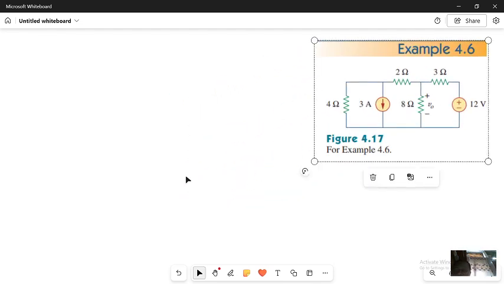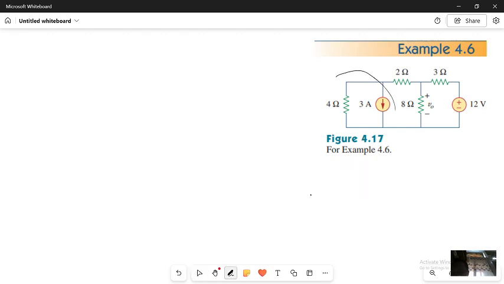Let's say, for example, here, if we realize, this one is a current source which is in parallel with a resistor, meaning that I can transform it to a voltage source which will be in series with the resistor.